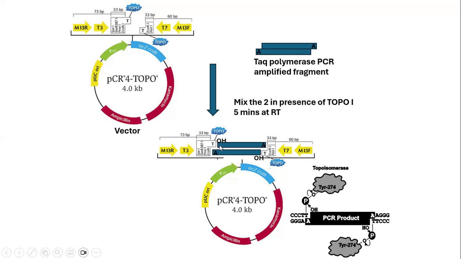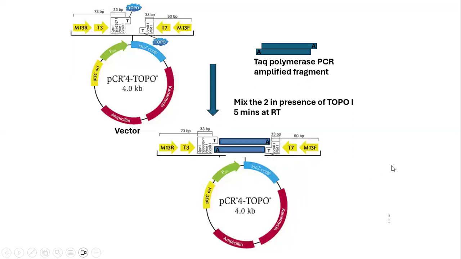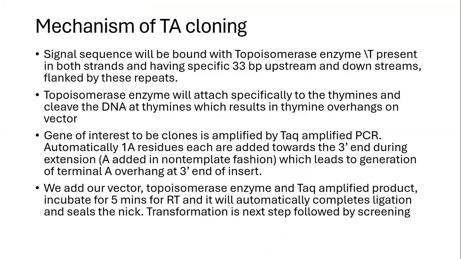So in this process we will have bond formation, and at the end we will have intact, ligated DNA with the vector. The next step is the transformation and screening step in order to identify the correct clone. The important points of the mechanism for TA cloning are written for your reference.